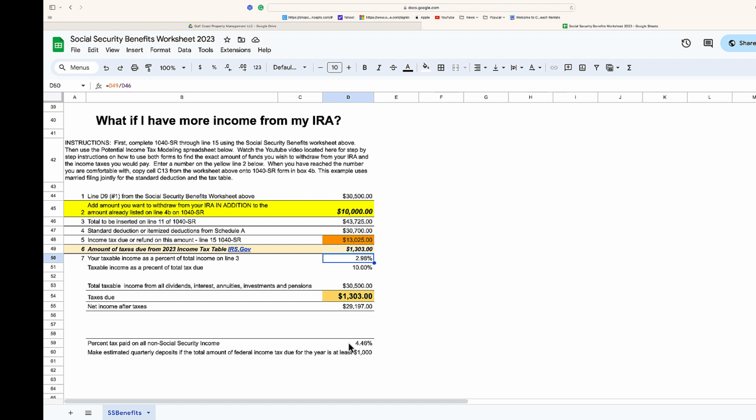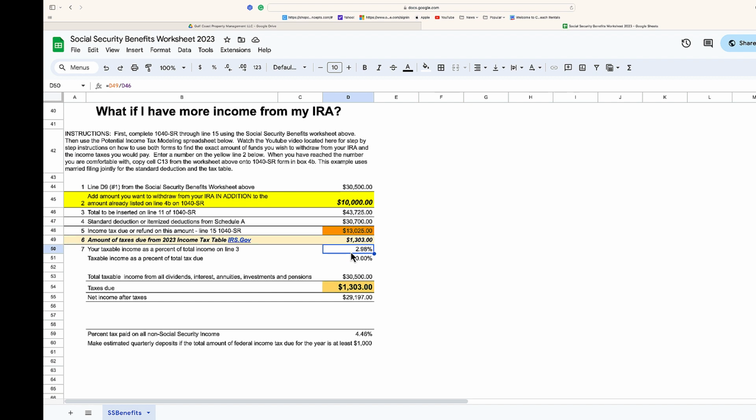So you could plan and say, okay, I can take out a total of $10,000 from my IRA, and I will have a tax bill of $1,300. So let's try just taking a larger chunk out and see where we're at. So we're going to go back to the tax table for a moment. Before we do, let's go to $20,000 here.